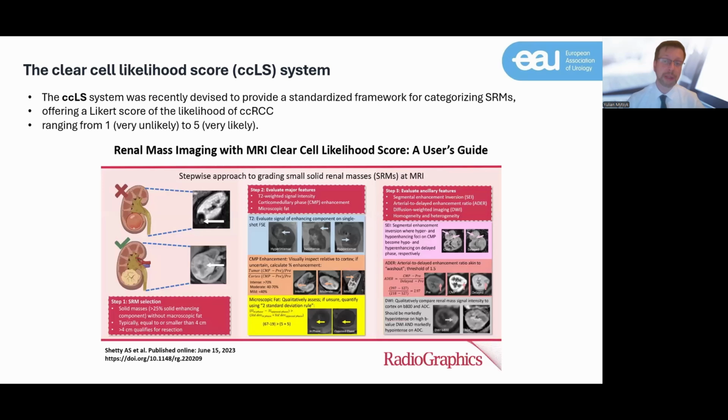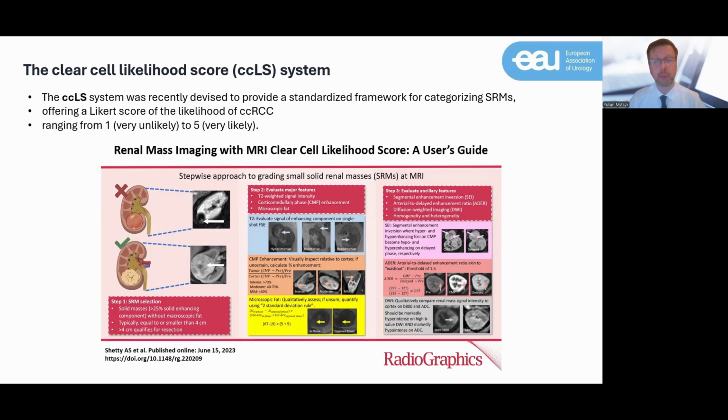To illustrate the potential value of the KI-RADS, we can refer to the clear cell likelihood score, an imaging-based structured system designed to estimate the probability of clear cell RCC, which is currently used in clinical practice. This concept shows how imaging may move beyond morphology alone and help to predict histologic subtype and potentially more biologically aggressive renal tumors.